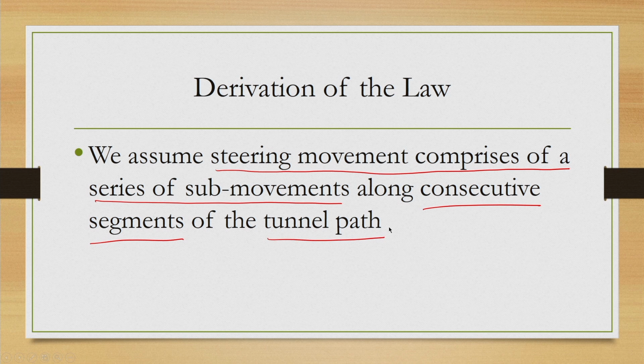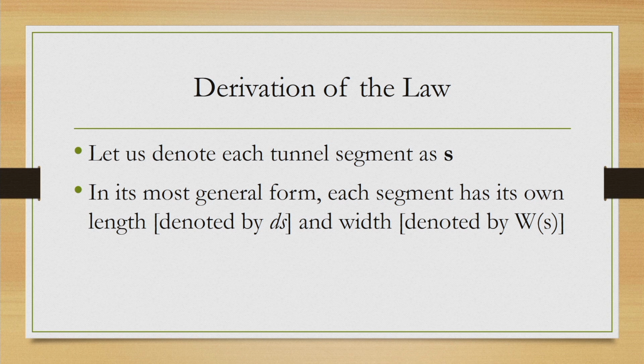So, we are assuming that the steering movement is performed along a tunnel path, and we can divide this entire movement into a series of consecutive sub movements, which take place through consecutive segments of the tunnel. So, we are assuming that the tunnel can be divided into a series of segments.